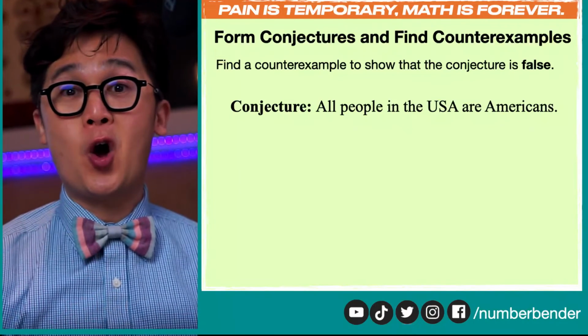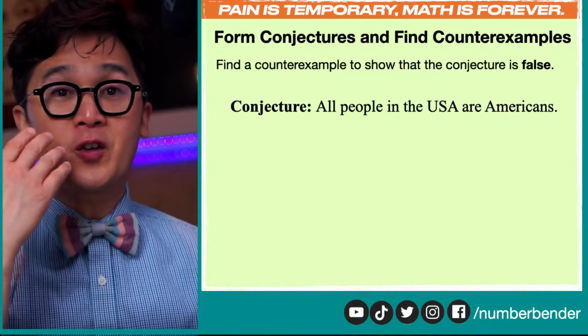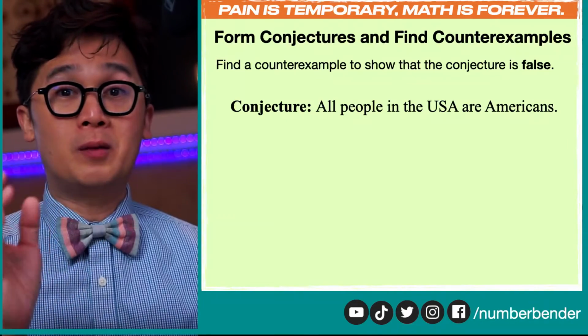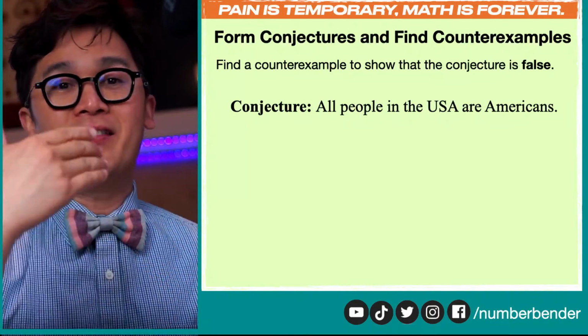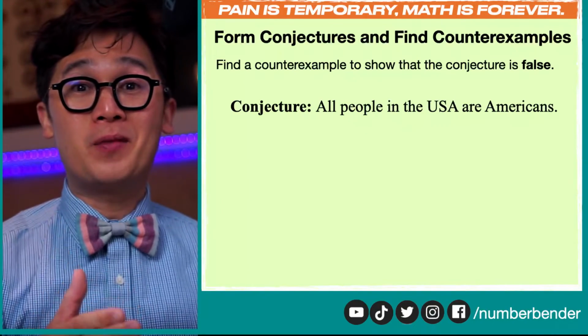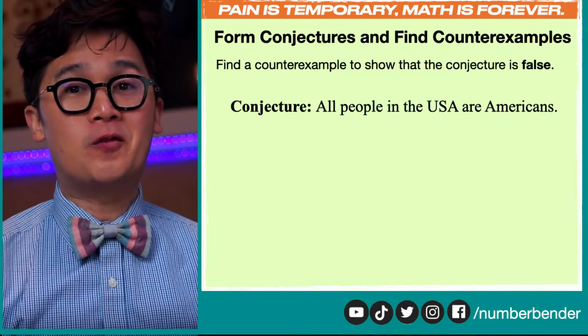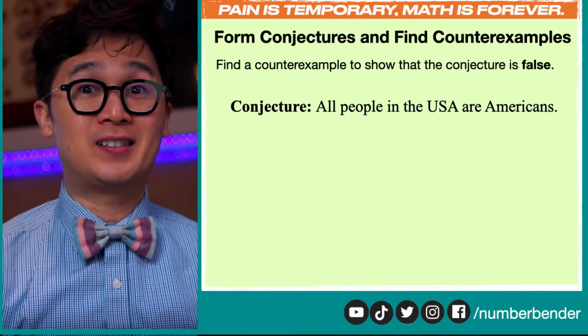So let's say all people in the USA are Americans, as a conjecture. If you can think of a counterexample that will make this statement false, then you are understanding the term of formulating counterexamples to prove the conjecture is false.